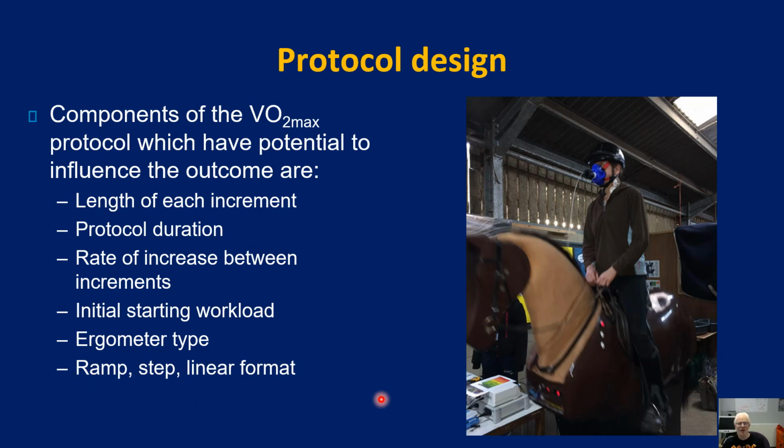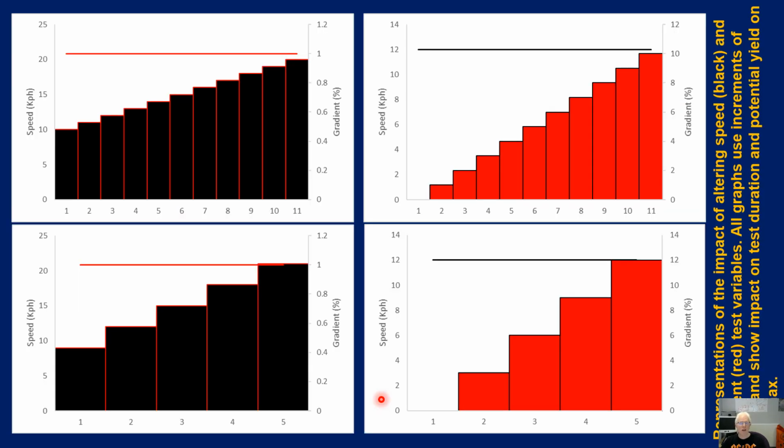So let's have a little think about these, because all of these have big ramifications. Here we've got a couple of examples of what happens when we change our protocol design. These are shown graphically, and are based upon doing this on a treadmill in different examples.